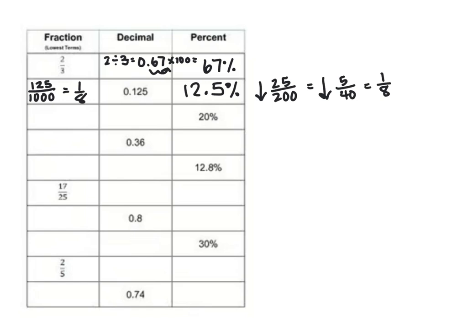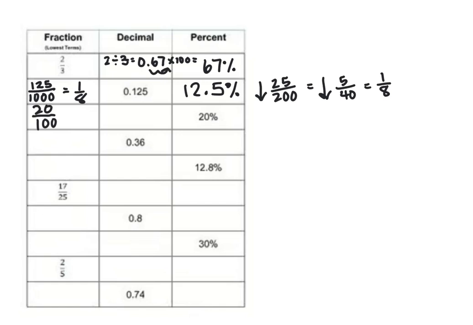Now let's go the other way. We'll start with our percent, and we're going to change that into a decimal and a fraction. I think most of you remember that all percents are out of what? Hopefully you're saying out of 100. So 20 out of 100.